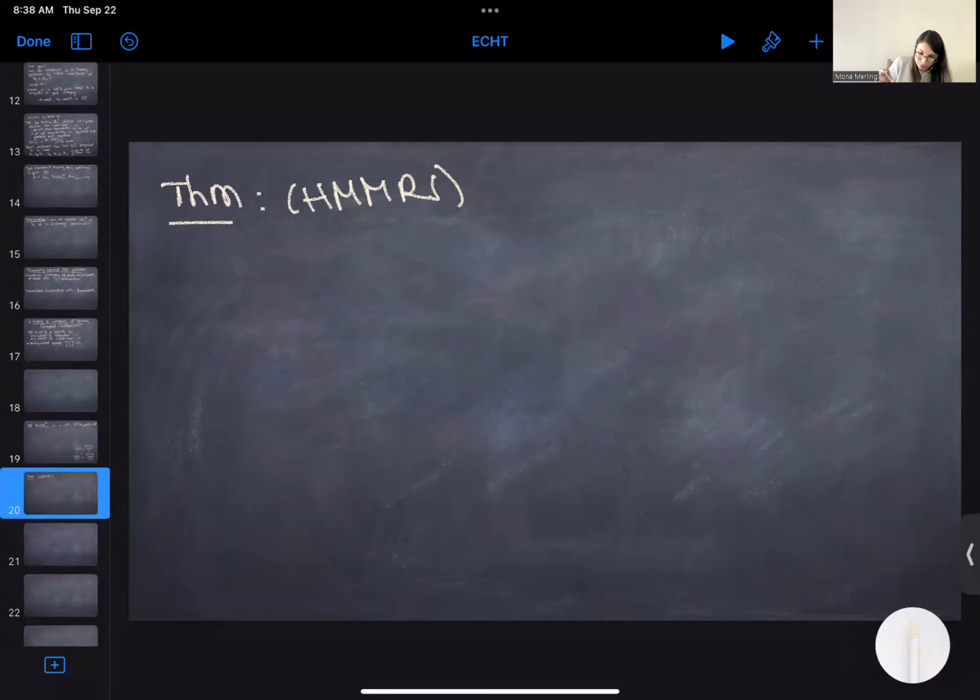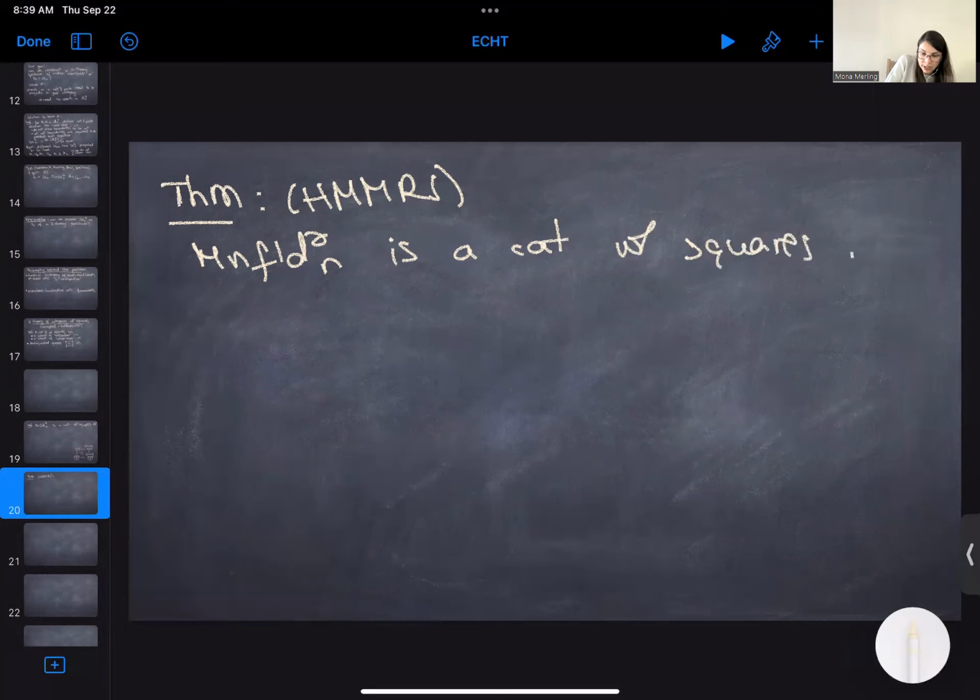Okay, so the first theorem is that manifolds with boundary, with this definition, is indeed a category with squares, so it satisfies all the axioms. And also, the K naught that we get via the theorem that breaks off the square relations, we can show that this is indeed isomorphic to SKN with boundary.